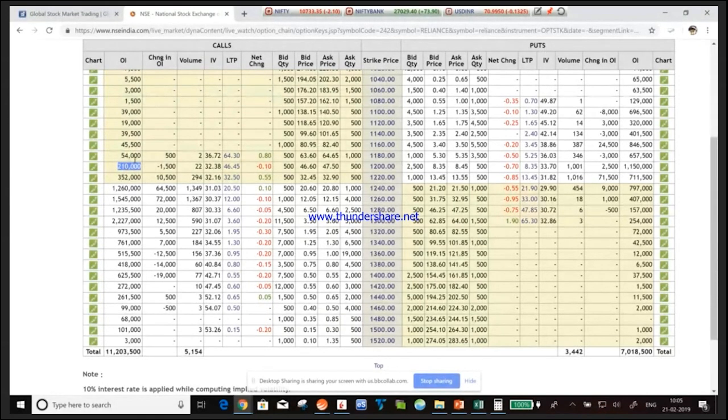These are the open positions that you have in the market. Got it?